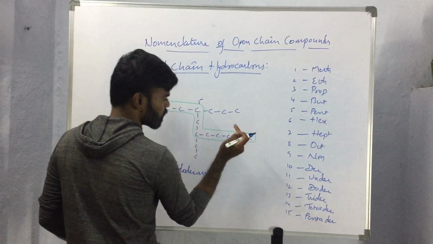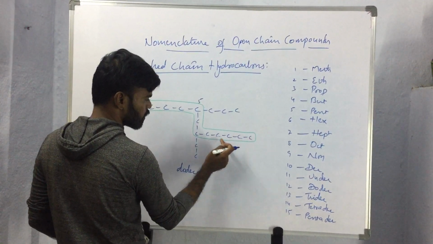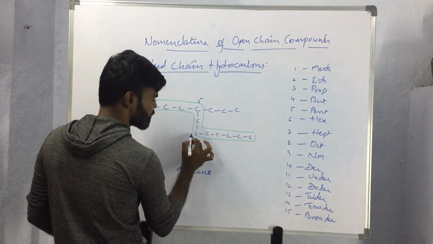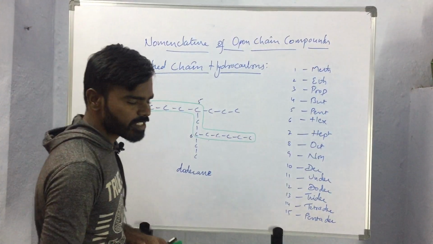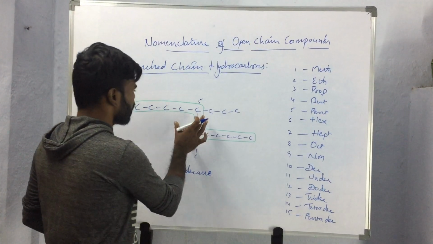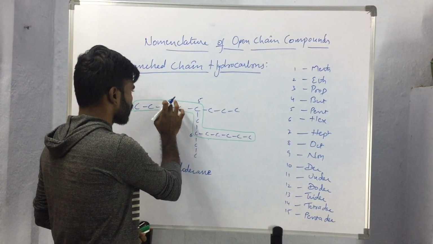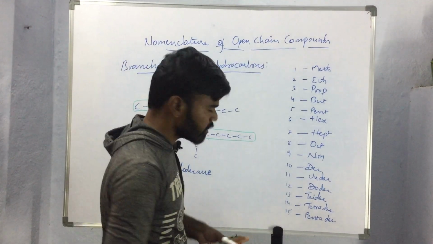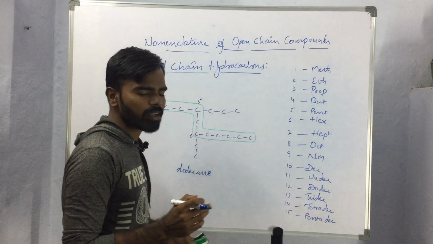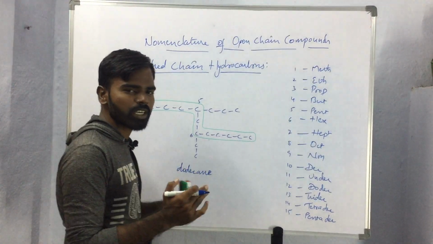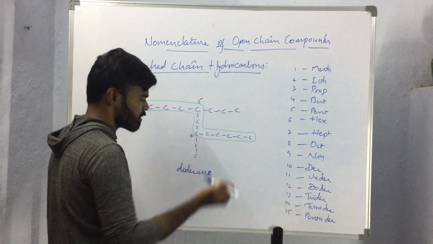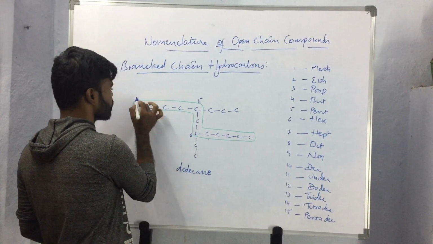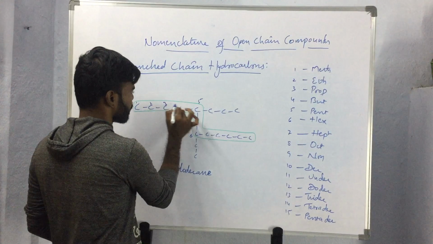If we start numbering from this direction, 1 2 3 4 5 6, the sixth carbon atom will have the substituent or side chain. According to the rules, the substituted carbon atom should get the least possible number. So here number 5 is less than number 6, so we have to start numbering from this direction only.